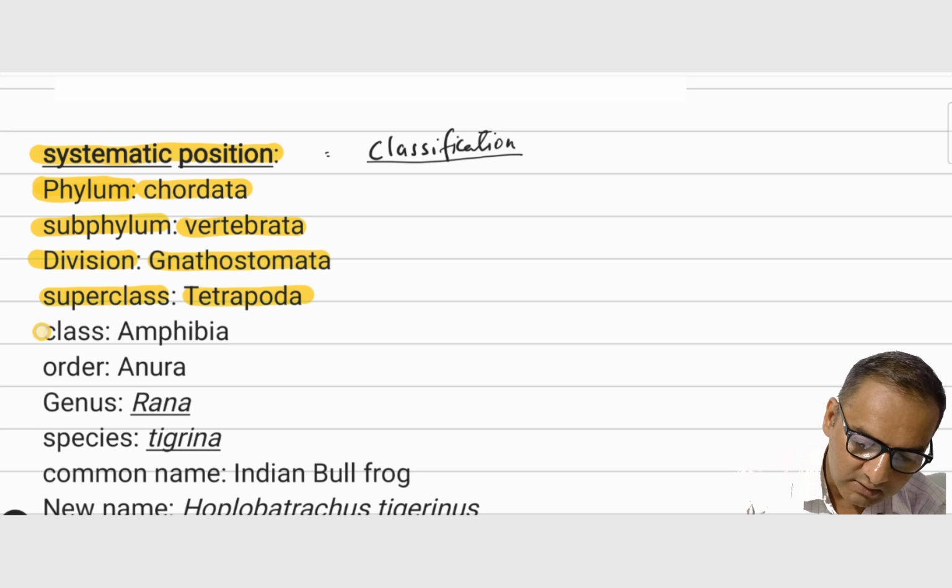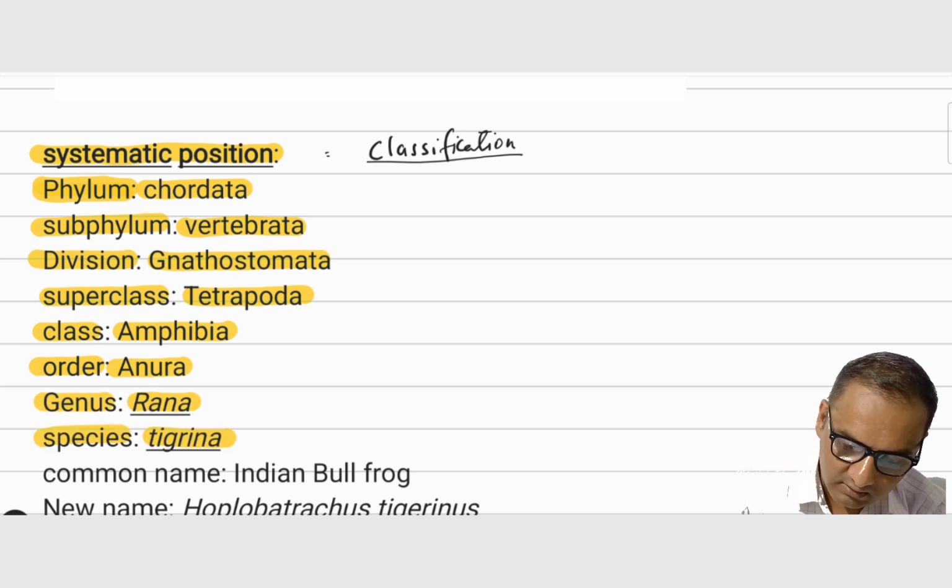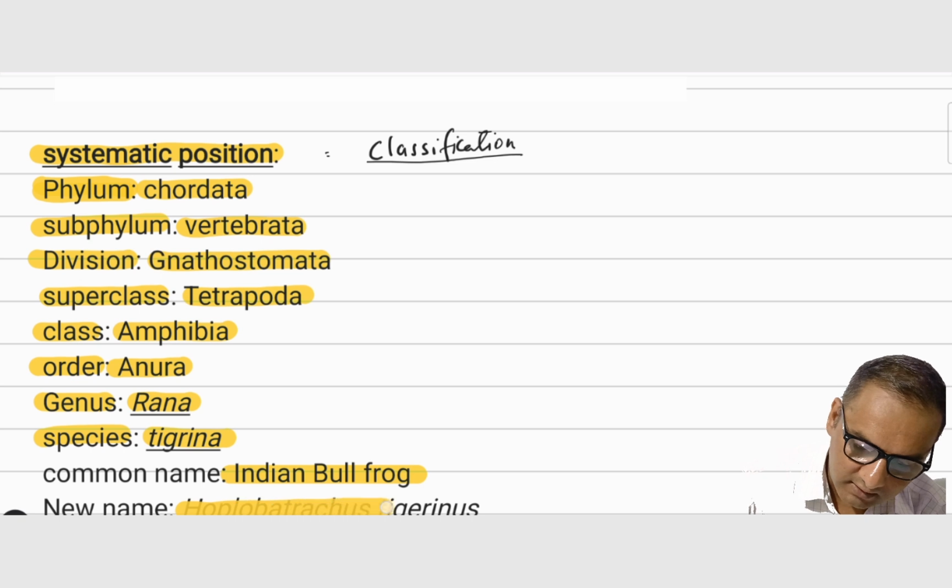The class is Amphibia, and the order is Anura. The genus is Rana and species is tigrina. It is commonly called Indian bullfrog. Rana tigrina is now named Hoplobatrachus tigerinus, which is its new name.